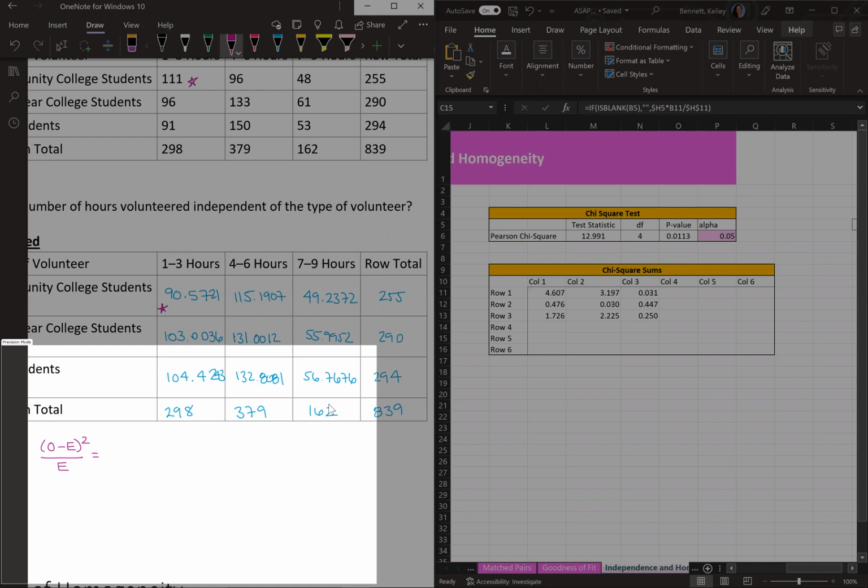So for us in this first position, we have 111 observed. We expected 90.5721. So we look at that difference squared, and then we divide it by the expected value, which was 90.5721.